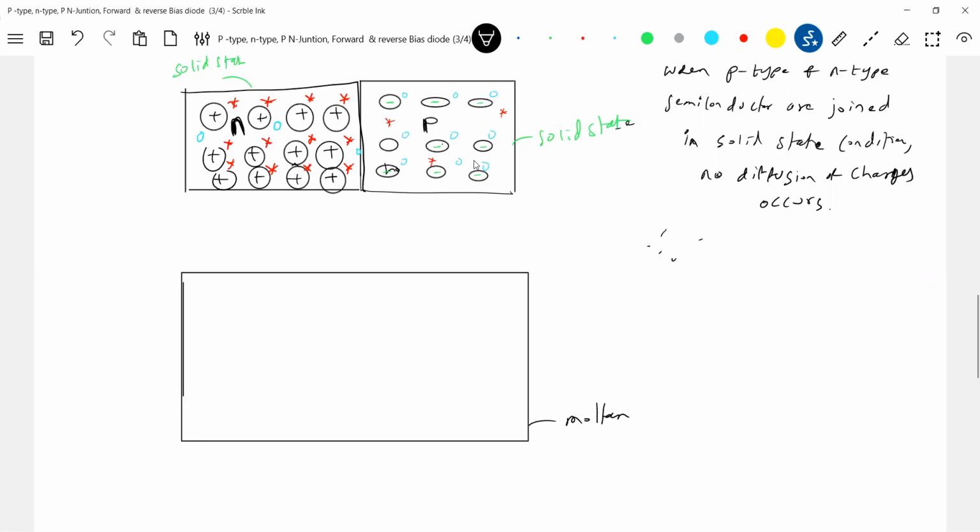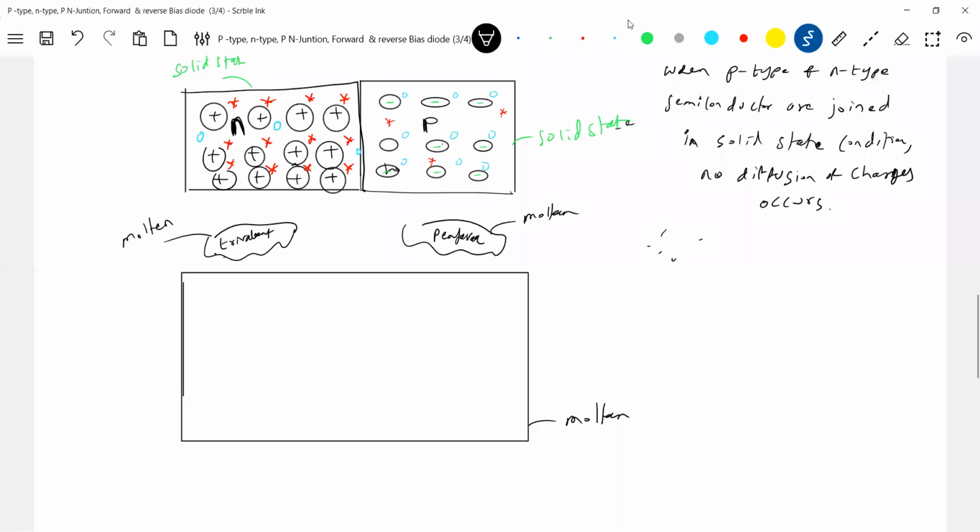Here I'll add a trivalent impurity atom on one side, and a pentavalent one on the other side. And they are also in molten state or at high temperature. I'll just write molten.